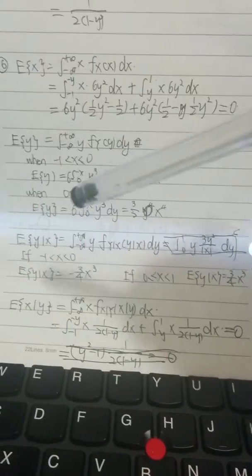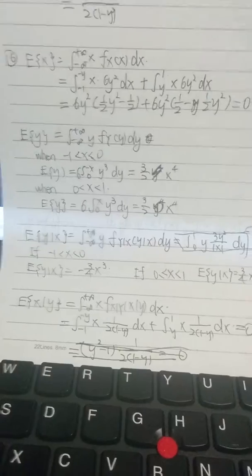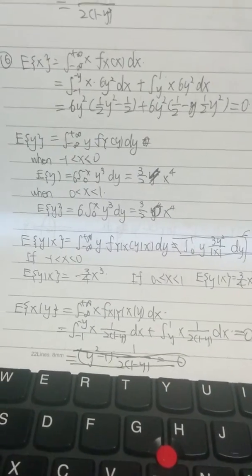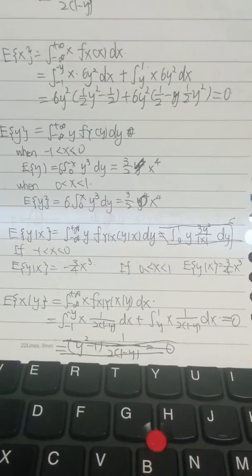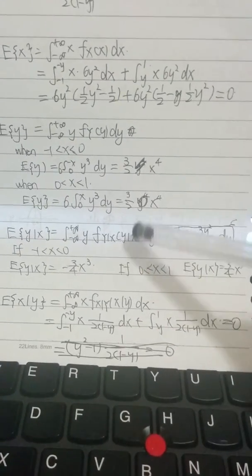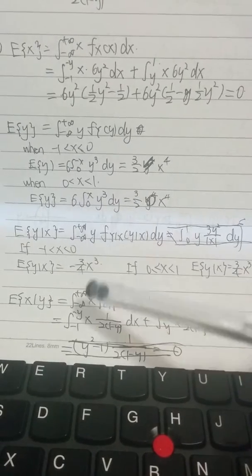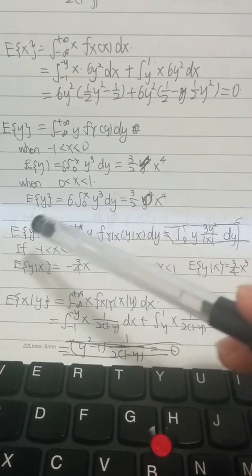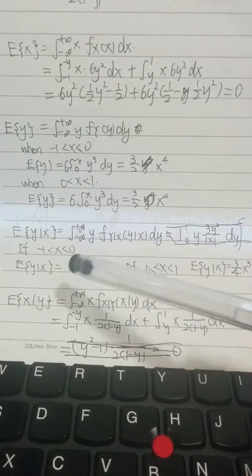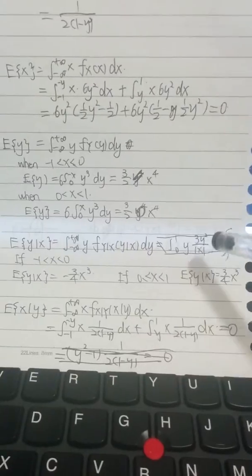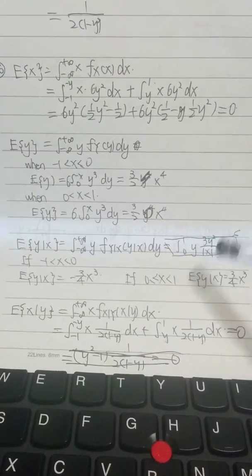In the third part, I should calculate the conditional mean of y when x is given. Using the formula and separating it into two parts like the previous one, I can get this output and this output.